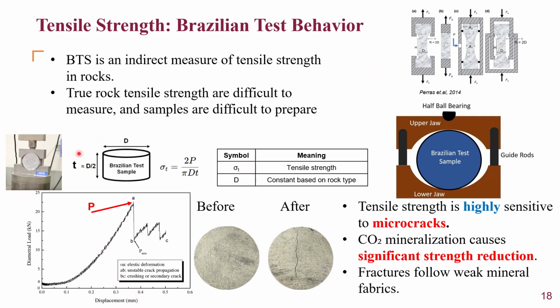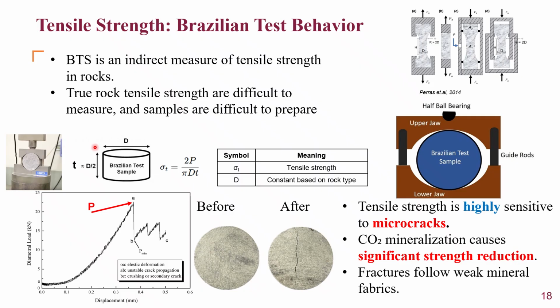In Brazilian tensile strength tests, the rock slab is placed in a frame, which you can see here. And this frame is placed also in a load frame, like the Instron load frame I showed in the previous slides.